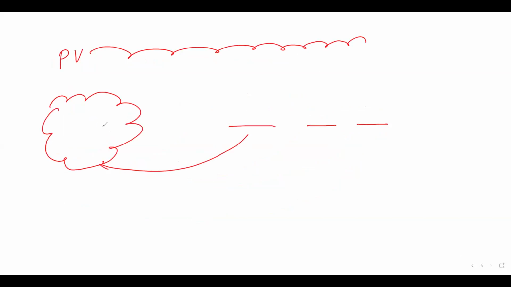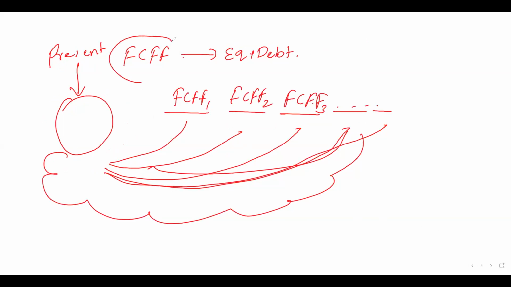Remember these two terms. Based on this, when we discount FCFF, free cash flow to firm, and calculate its present value, we get value for the whole firm. What is value for the whole firm? The value for the whole firm is called enterprise value.